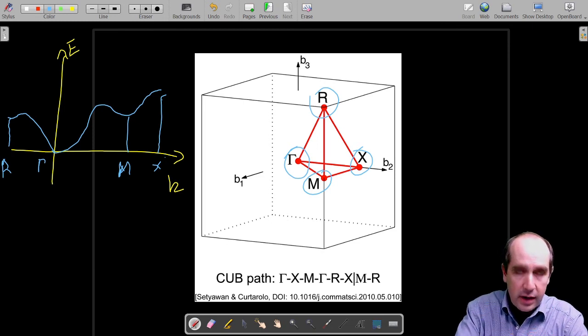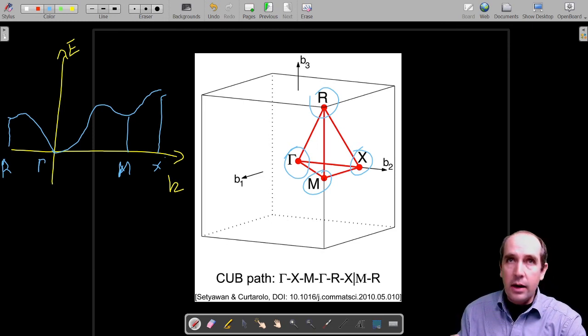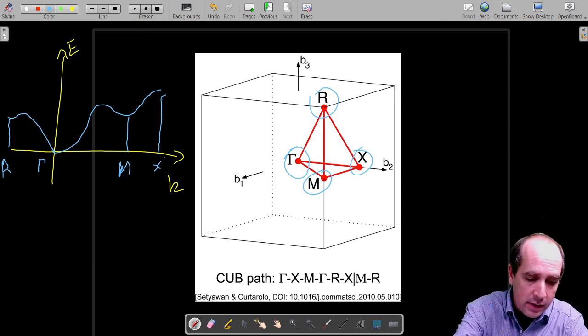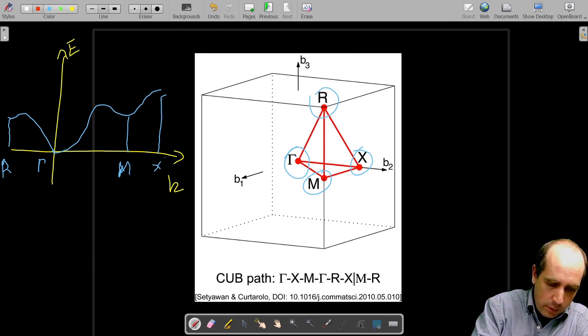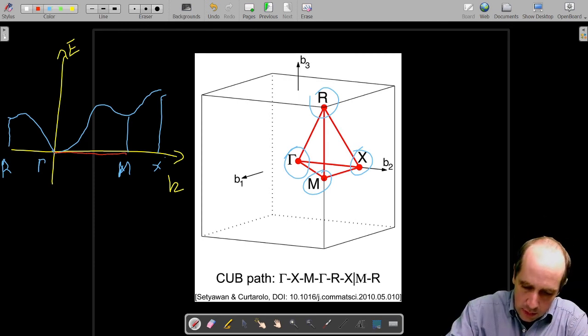this band structure that I'm drawing here is actually the values that the energy acquires as you move along these lines that are denoted there on the cube. So basically, moving from gamma to M means going through this line here.